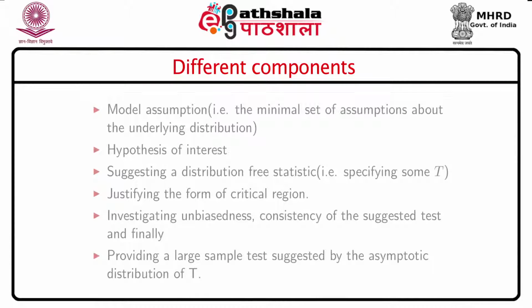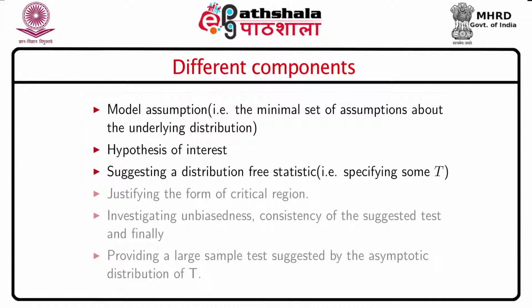So, we shall assume that a non-parametric hypothesis testing problem comprises the following components. Number 1, model assumption, that is, the minimal set of assumptions about the underlying distribution. Next, hypothesis of interest, that is, whether our interest is in location or scale parameter or else.